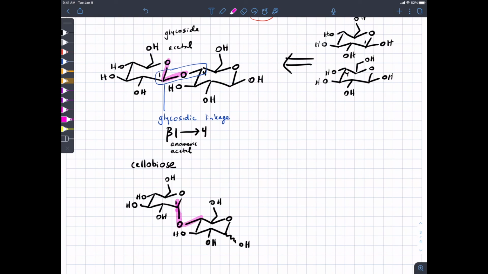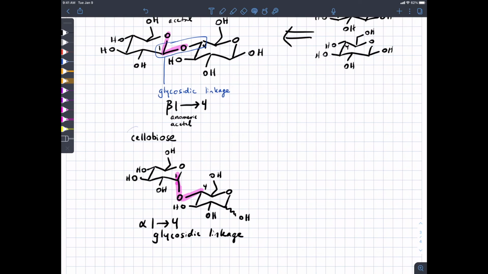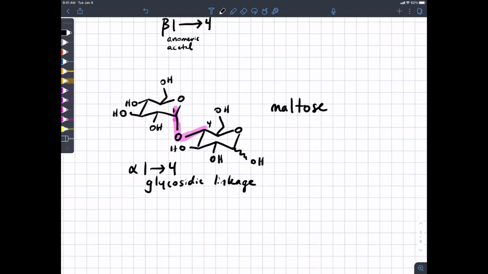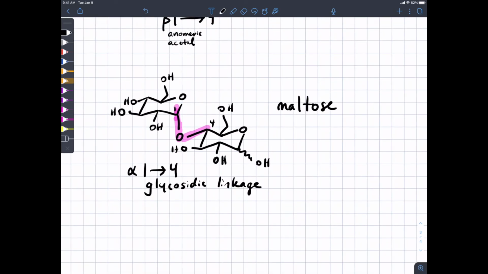We're going to call this an alpha 1,4 glycosidic linkage. And this structure, instead of being cellobiose, this is maltose. And this is a component of starch. You can get it from various starchy sources.